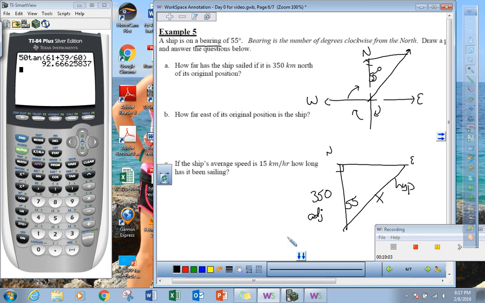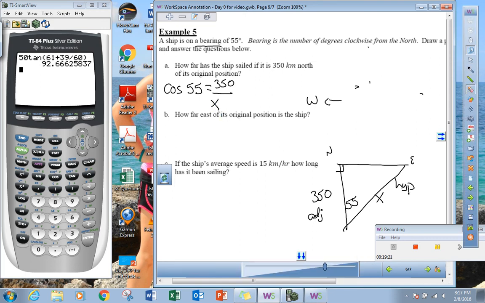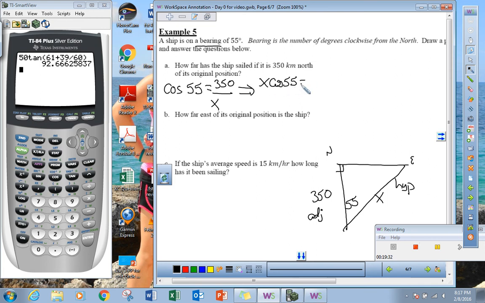Looks like the cosine function, so I'm going to have cosine of 55 equal the adjacent over x. Notice this time, guys, when I cross multiply, x will not be by itself. I'm going to have x times the cosine of 55 equal 350.